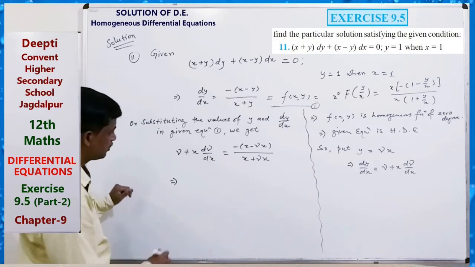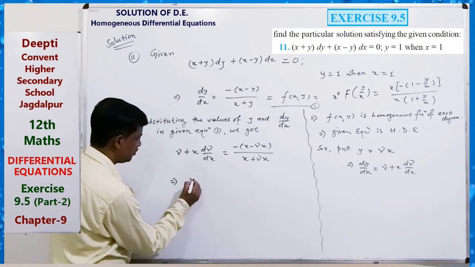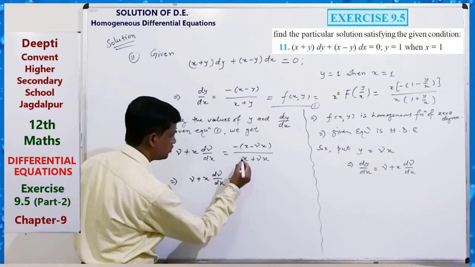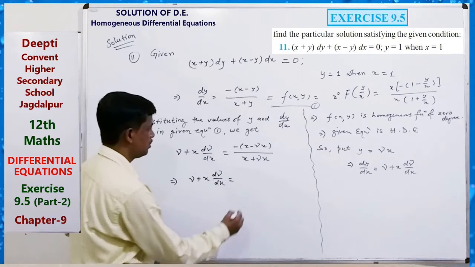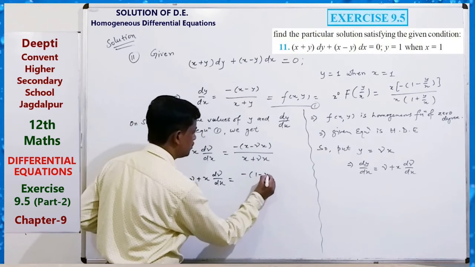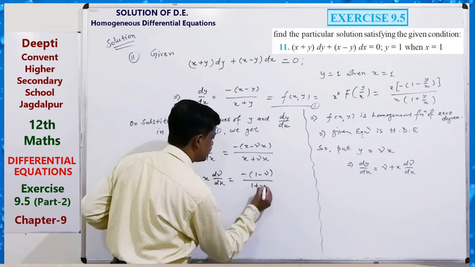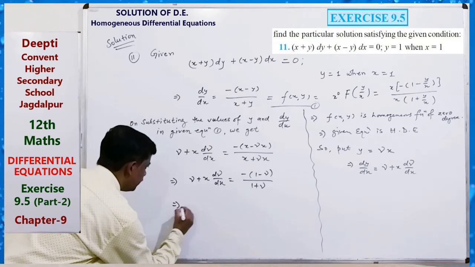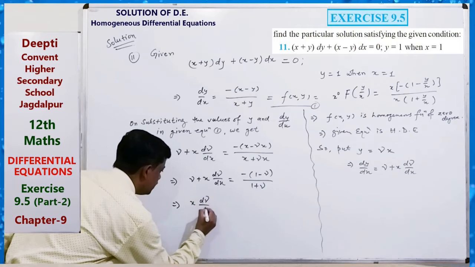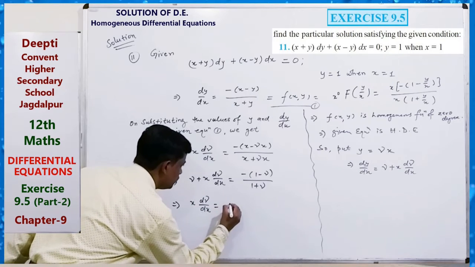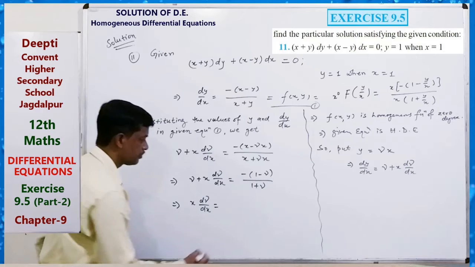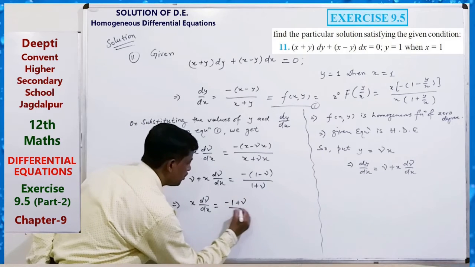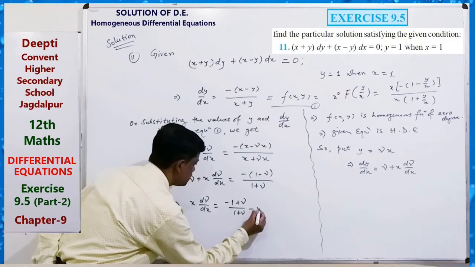Here v plus x dv by dx equals to what? x cancels, x dv by dx equals minus 1 plus v upon 1 plus v, minus v.